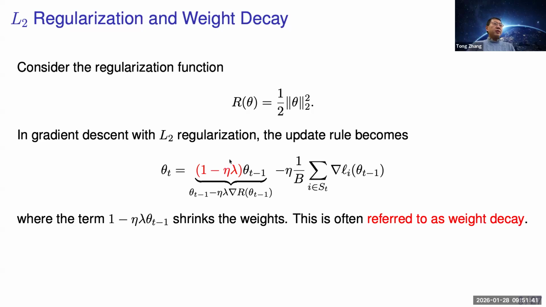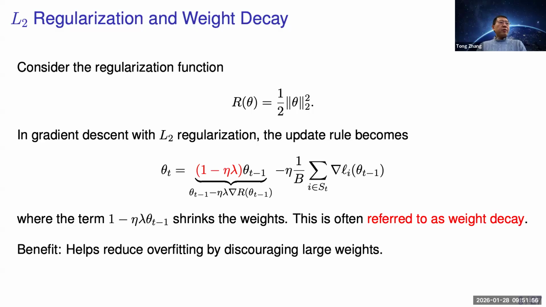That's essentially how it works, referred to as weight decay. This is what we need to know about regularization: just changing the formula a bit by shrinking. Intuitively, you can think about why it helps if you shrink the weight.